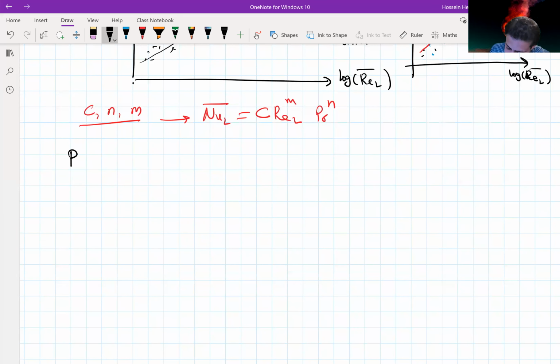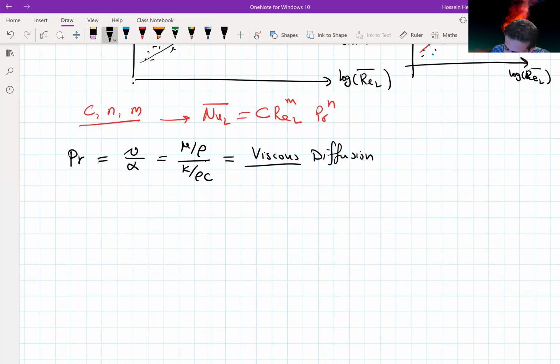Prandtl number, which is mu over alpha, or mu over rho, k over rho c, depends on the type of fluid that we are using. This is going to give us different values, and it shows the viscous diffusion divided by thermal diffusion.